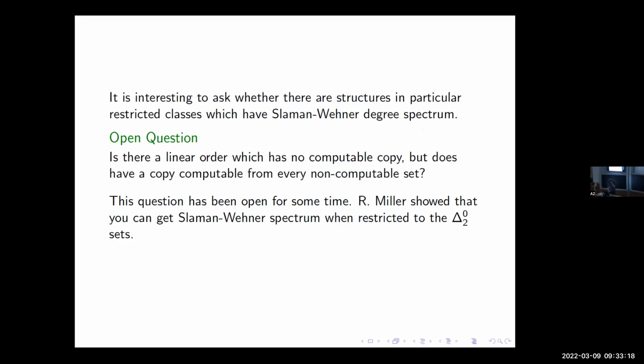The best progress, plus a little, is by Russell Miller. We showed that within the delta 2 degrees, you can get the Slaman-Wehner spectrum, but then other things might happen outside of the delta 2 degrees. I think there's been no progress on this for a long time.